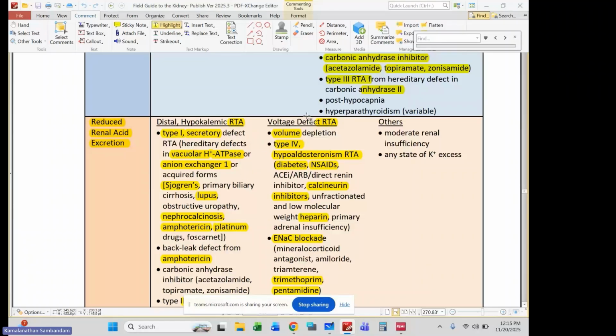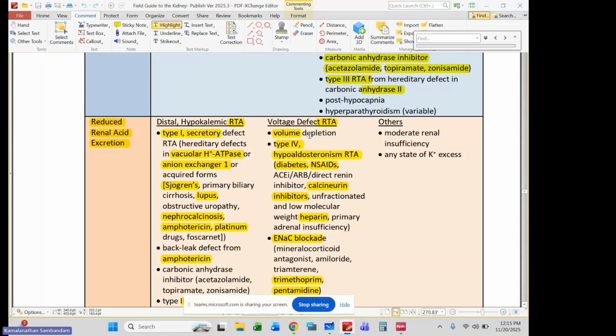We then discussed some of the voltage defect RTAs, including low distal sodium delivery, right? Volume depletion itself impairs the capacity to excrete acid. We talked about how patients with liver disease often have multifactorial metabolic acidosis related to lactulose, spironolactone, and low effective circulating volume, right?